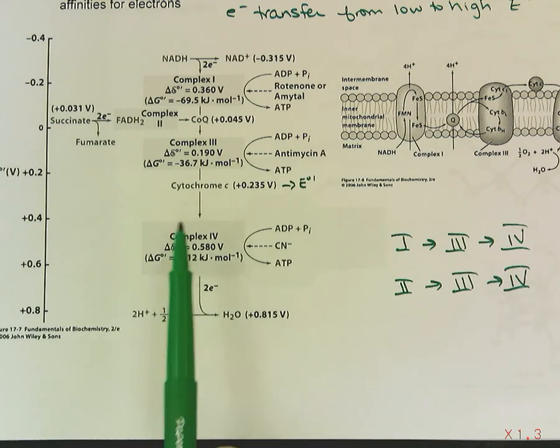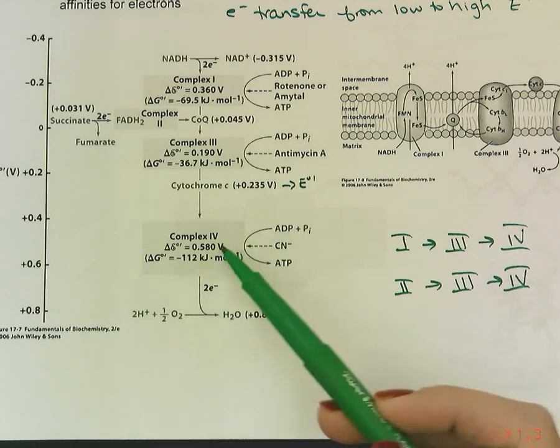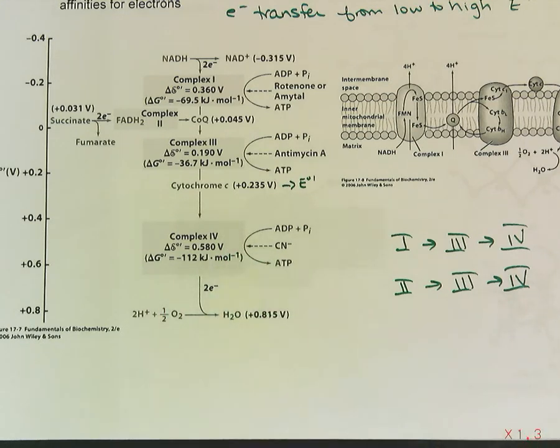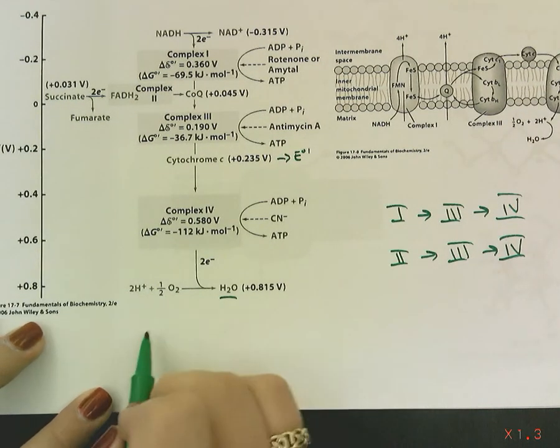As you can see, some of these delta Gs are fairly negative. Negative 112 kilojoules, which means this is a very spontaneous step going in that direction. And then the final step is we're going to make water.